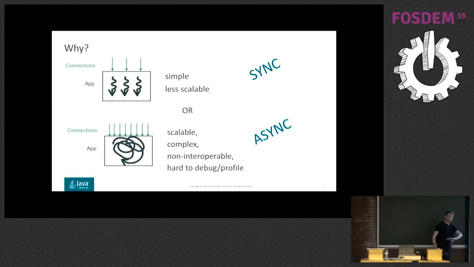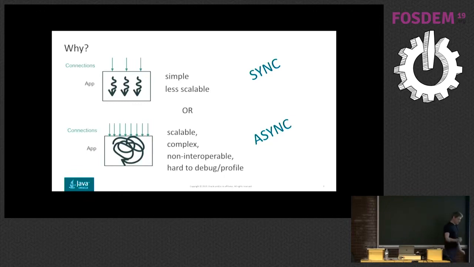Or other developers go the async route and use callbacks or completable futures or RxJava or any of the many asynchronous libraries for the JDK, for Java and other languages, and that's very scalable, but it's harder to write.